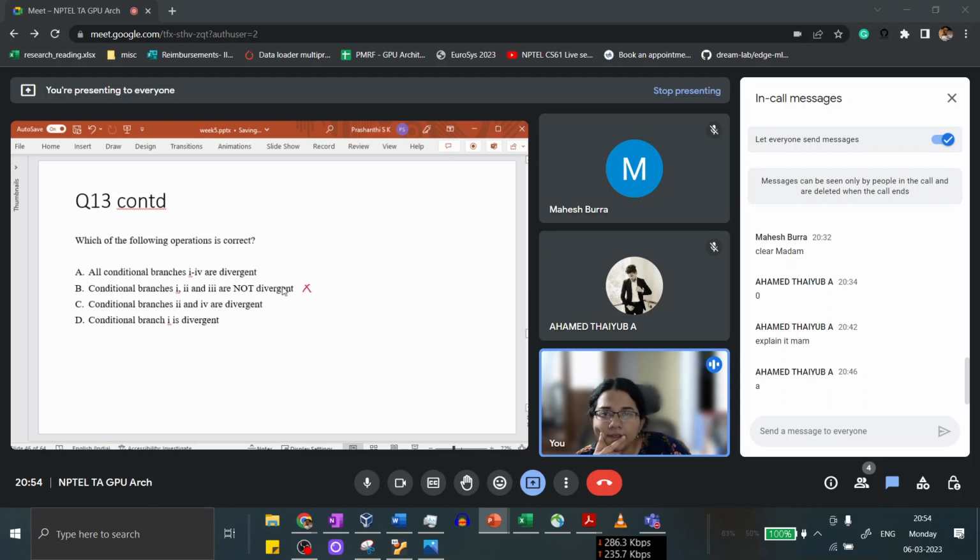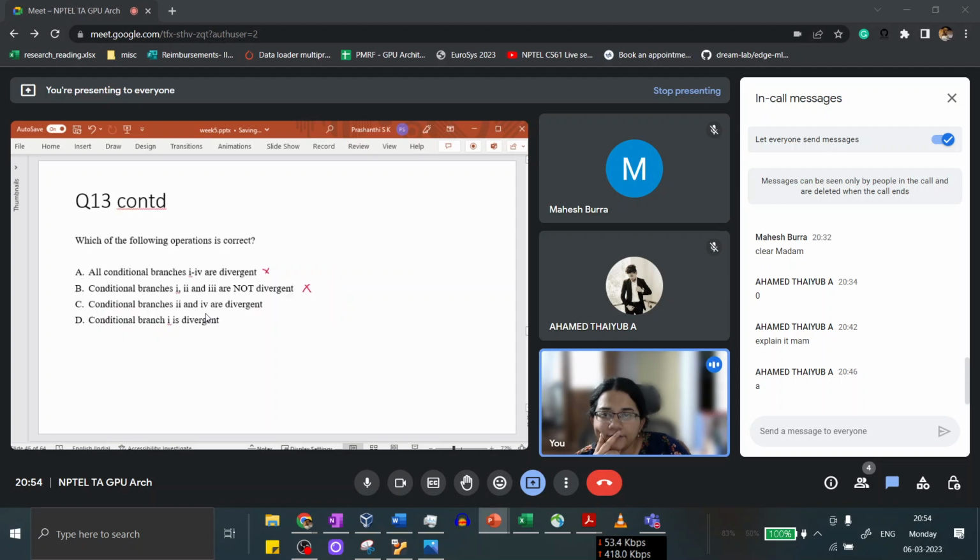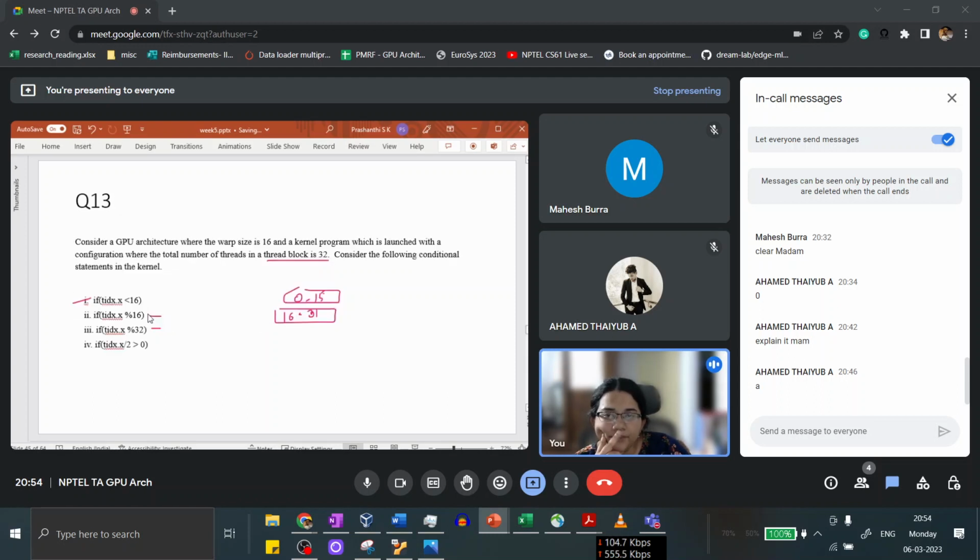All conditional branches 1 to 4 are divergent is also false, because we saw that 1 is not divergent. Conditional branches 2 and 4 are divergent. 2 is definitely divergent. X by 2 greater than 0. Yeah, if you take 0, 0 greater than 0 is false, and that would also be divergent.